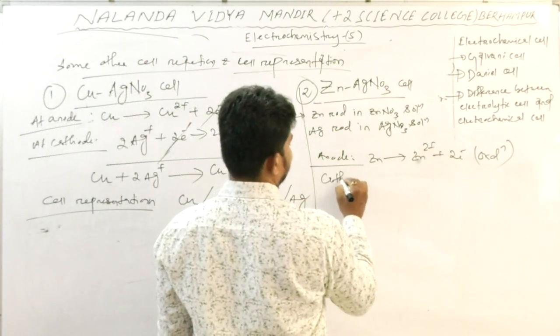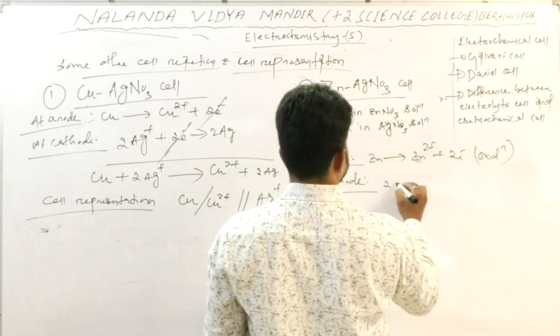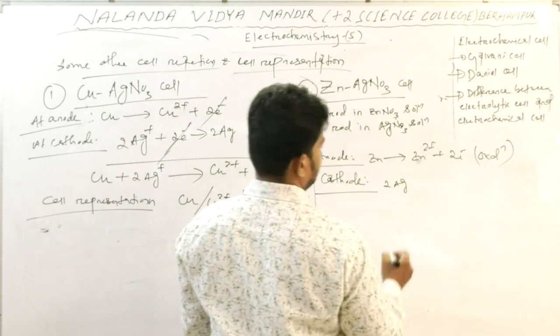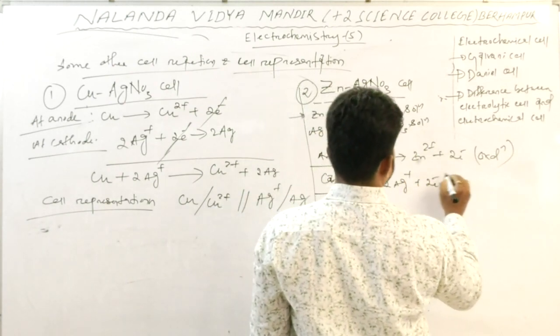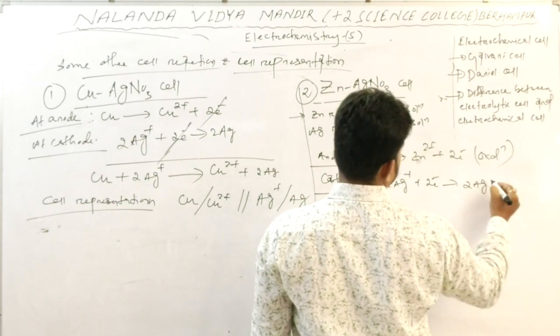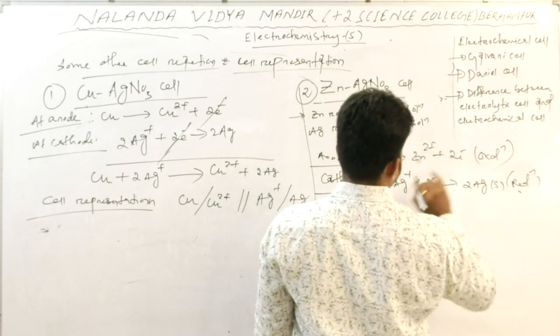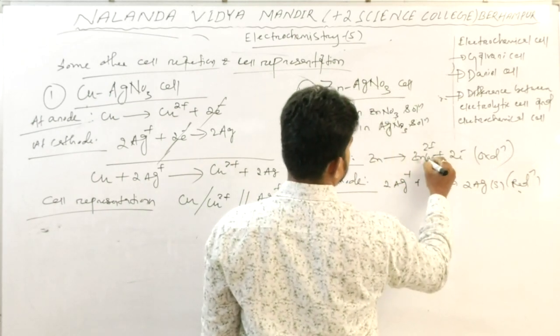Similarly, at the cathode, silver ion accepting electrons gives silver solid. It is reduction. It is present in aqueous condition.